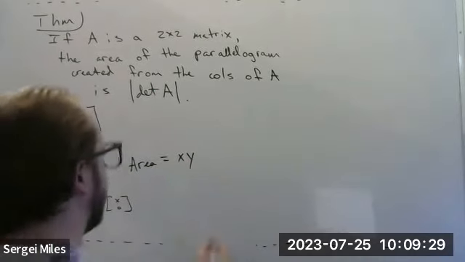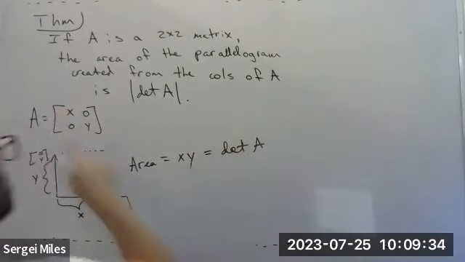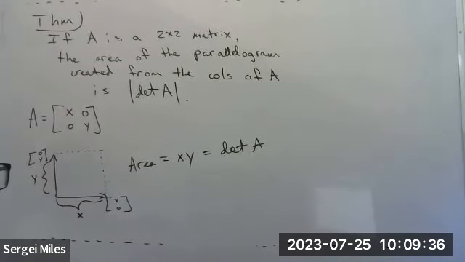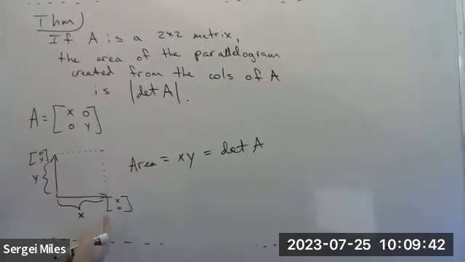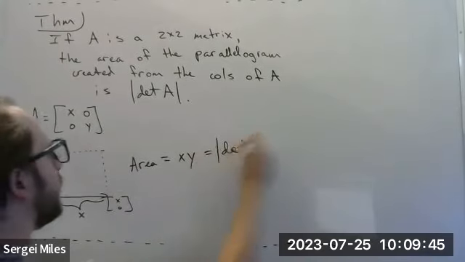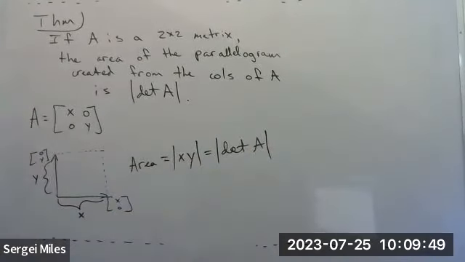That's the same thing as if I take the determinant of A, x times y minus 0. Now, the very last thing, I've drawn this picture like x and y are both positive, but area has absolute value, right? We're talking about a positive area. So this is why, if we take the absolute value of the determinant, it's going to give us the area of this two-dimensional space, right?